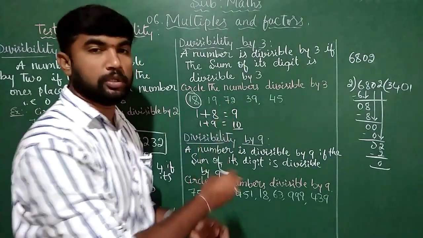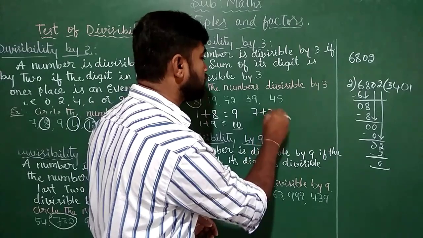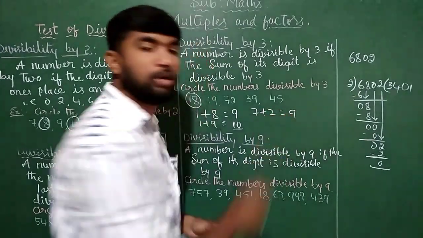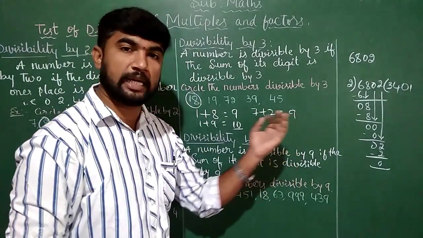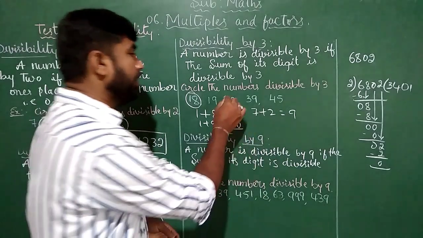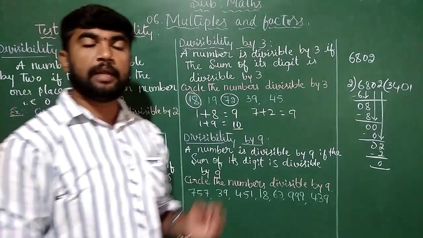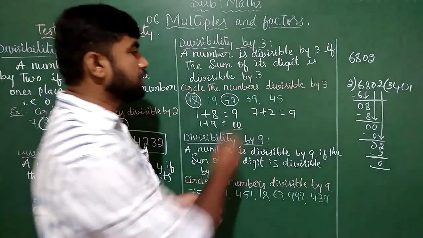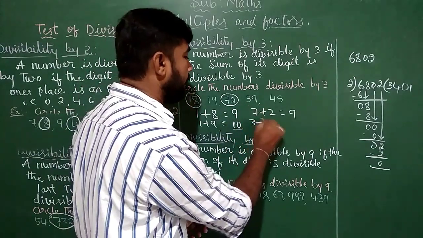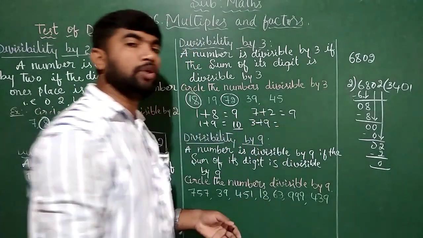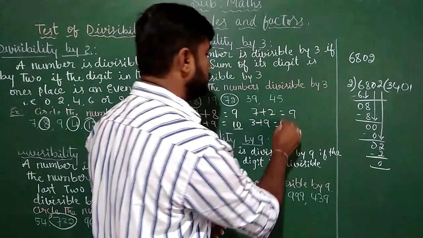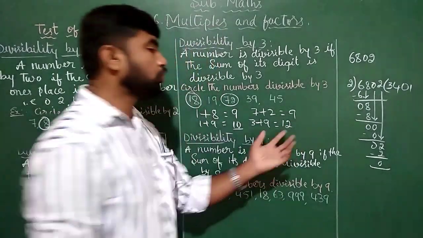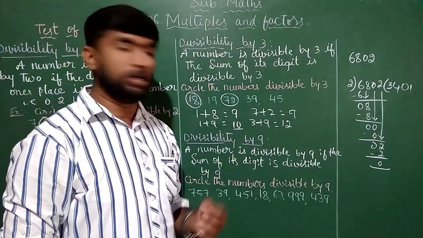Next, 72. 7 plus 2 equal to 9. The 9 is exactly divisible by 3, so 72 is also divisible by 3. Next, 39. 3 plus 9 equal to 12. Is 12 exactly divisible by 3?